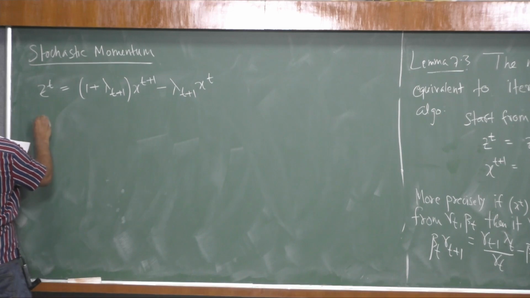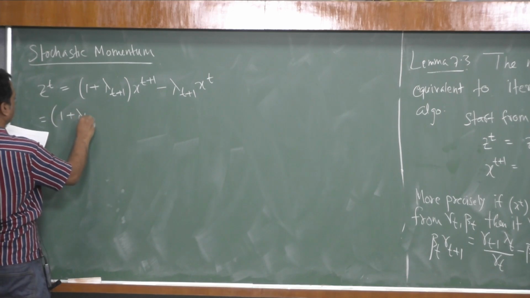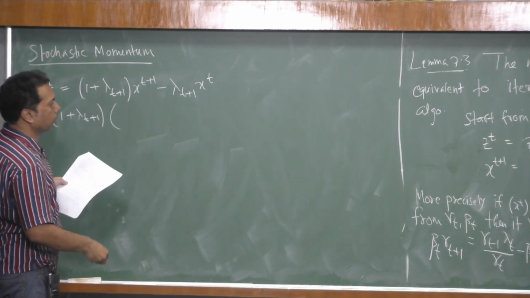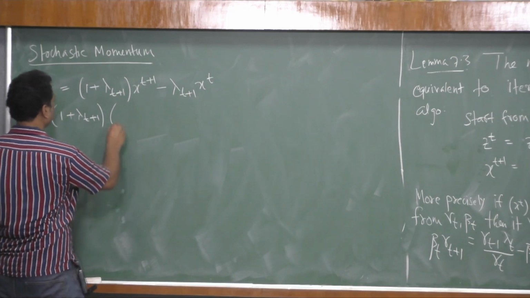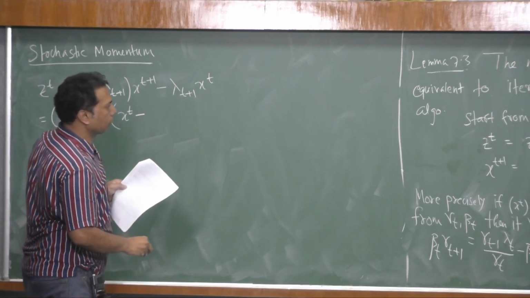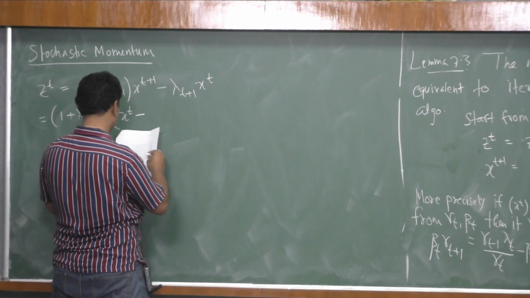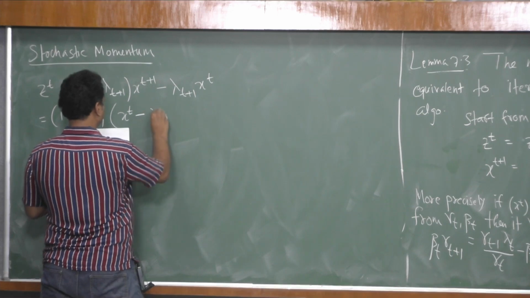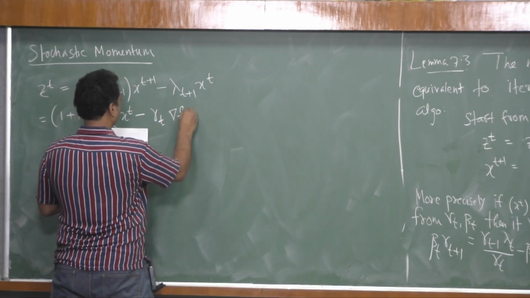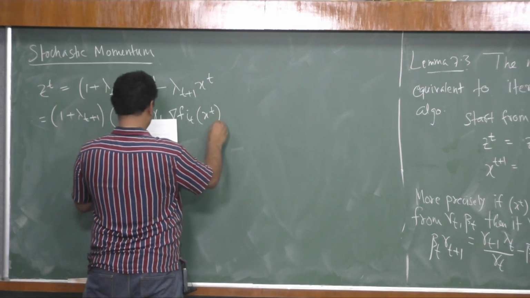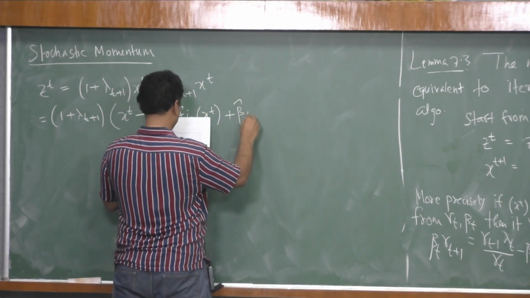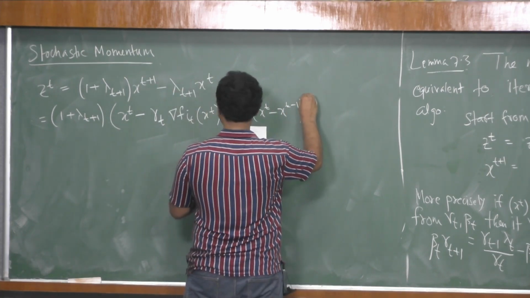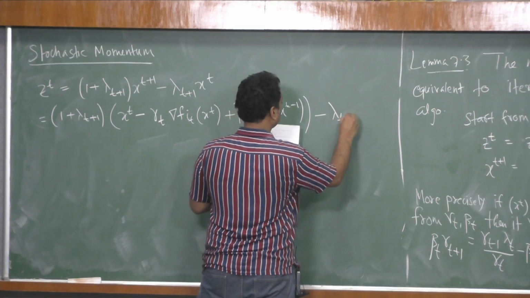So I just copied over and then 1 plus lambda t plus 1, and then here I put this xt plus 1 from there. So this is xt minus gamma t grad f it xt plus beta hat t times xt minus xt minus 1 and bracket close, and then minus lambda t plus 1 xt.